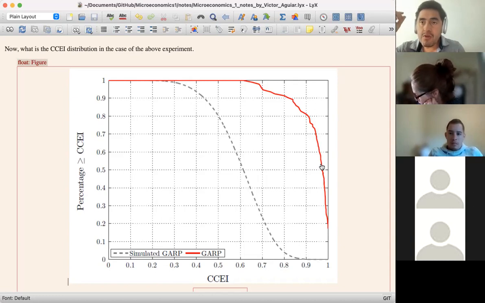Well, there is a main difficulty. The predictions of the model here, rationality, are set correspondences, so they are set predictions. And then you have data points. Of course, there are metrics that measure the distance from points to sets, so you could try to use that.